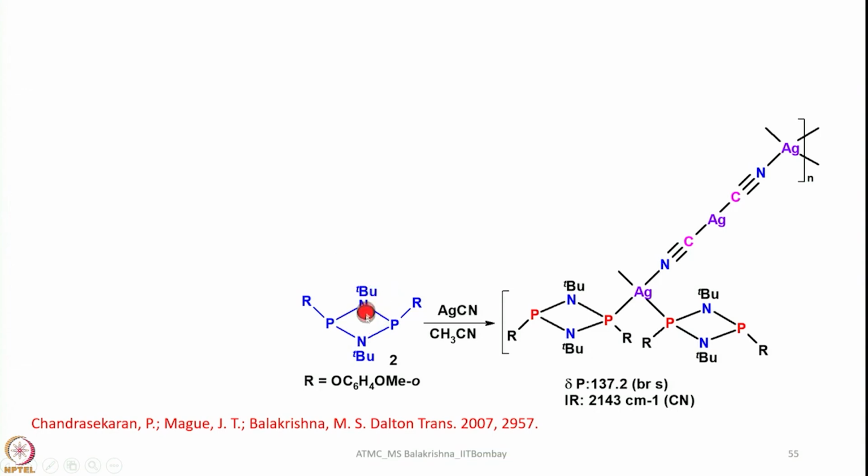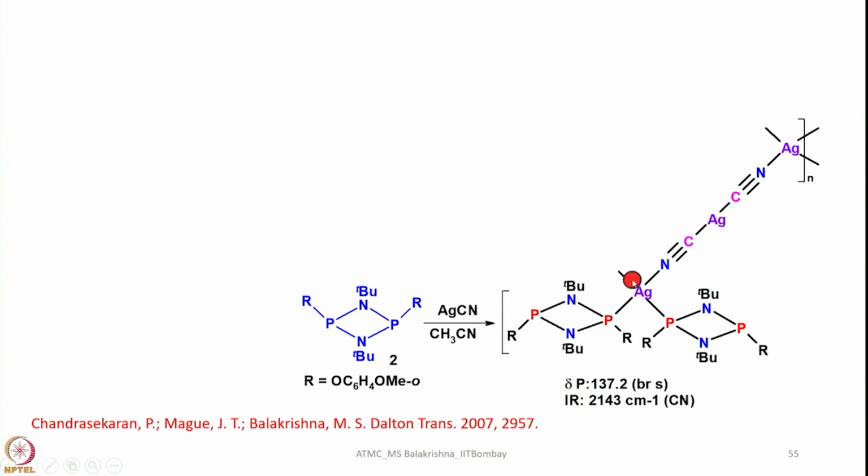So, when this ligand, a bridging bidentate ligand, is treated with silver cyanide in acetonitrile, it forms a one dimensional chain of this fashion. You can see here silver is tetracoordinated, having a tetrahedral geometry, and 2 phosphorus from 2 different N2P2 rings are binding here, and 1 nitrogen of cyanide is binding here.